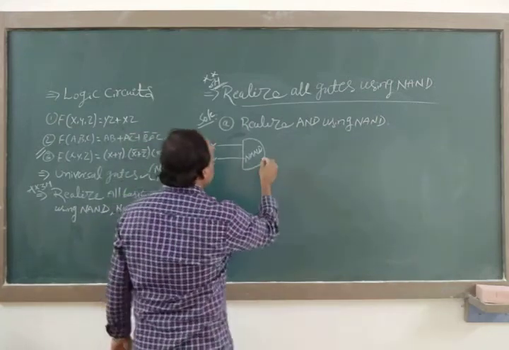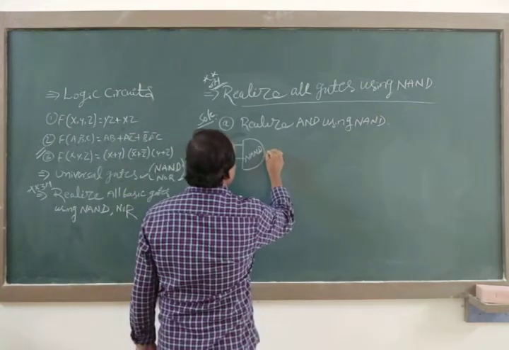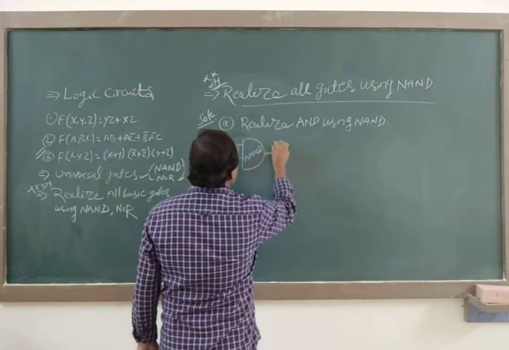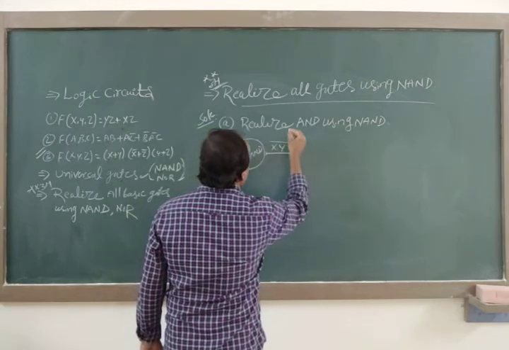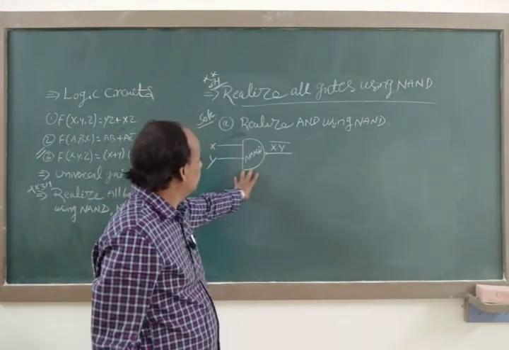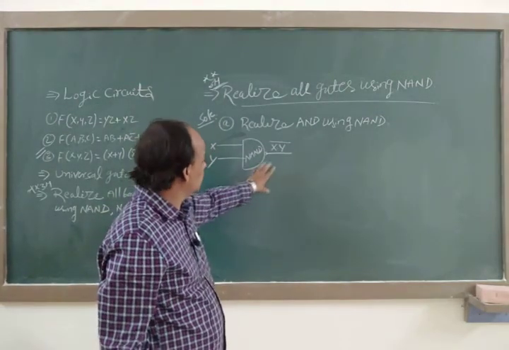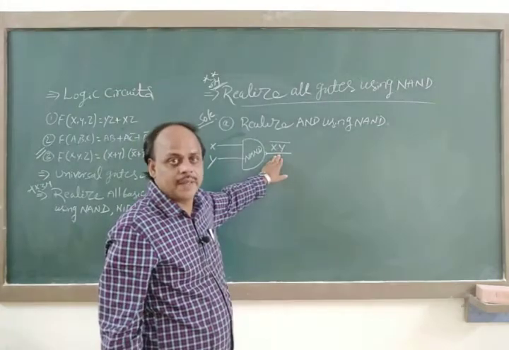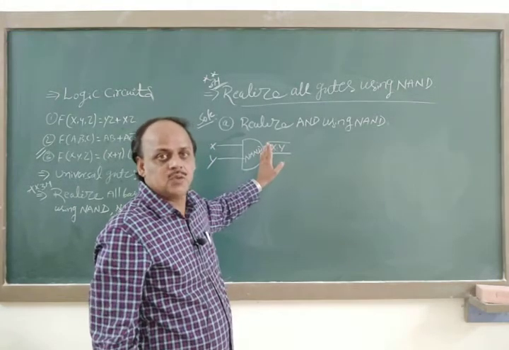Using NAND we are getting x into y whole bar. So this is the NAND gate. We must get the result as x into y.